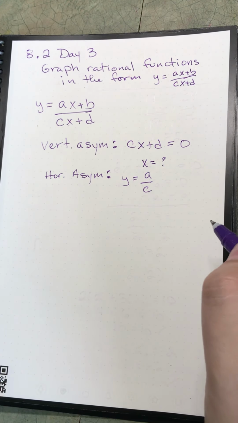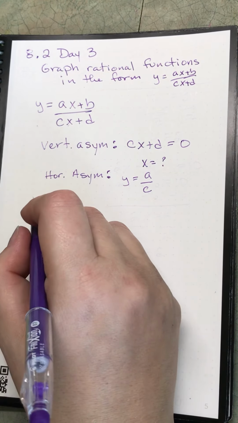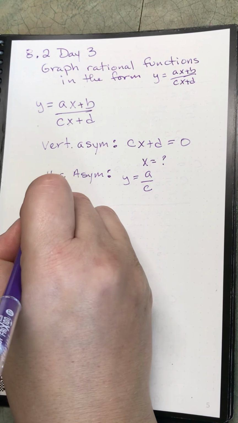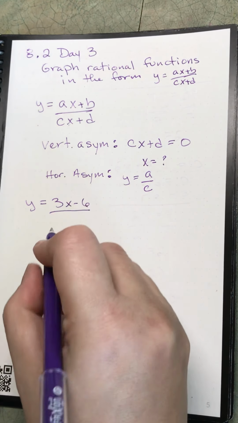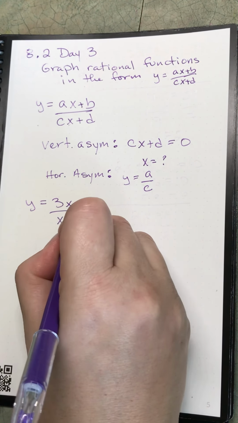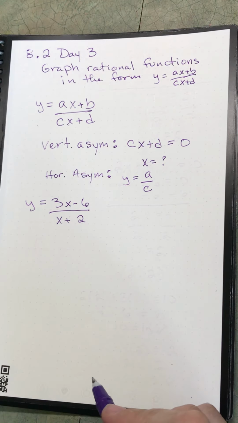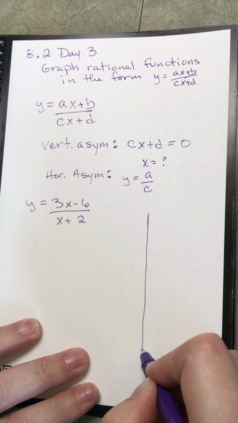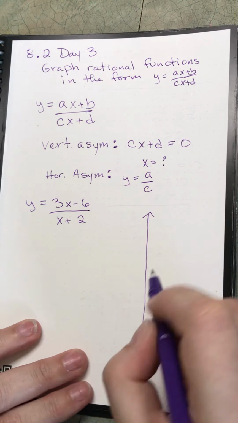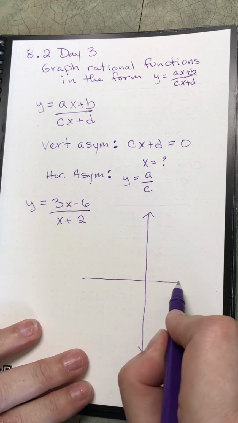Okay, so let's do an example. If I have the function y equals 3x minus 6 divided by x plus 2, I can start with my horizontal and vertical asymptotes.